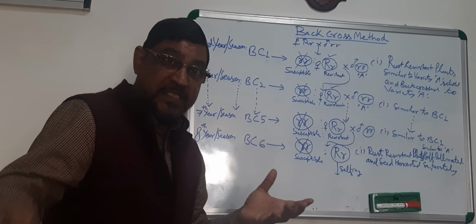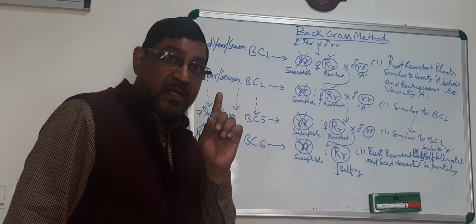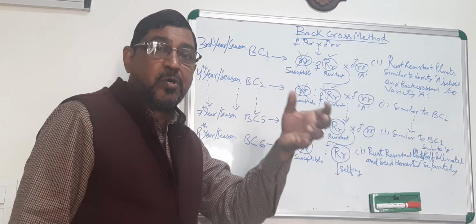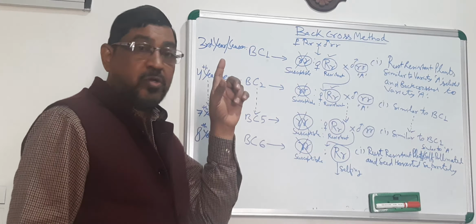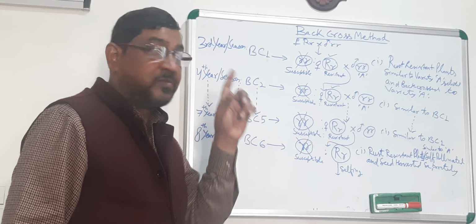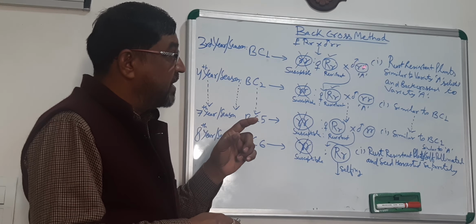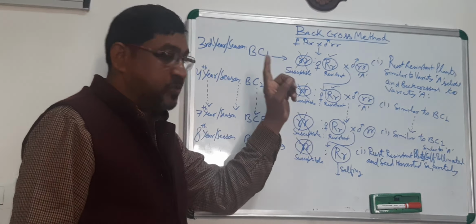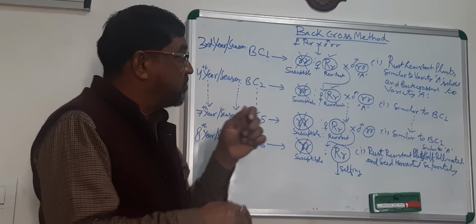There are several resistant plants. Only that plant you are going to select which looks very close to your recipient parent, which you have grown here side by side. You select that one, you emasculate.